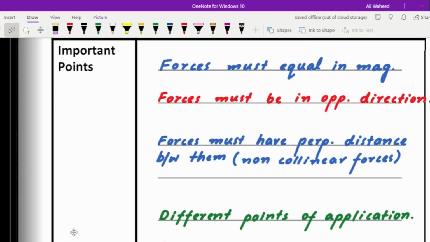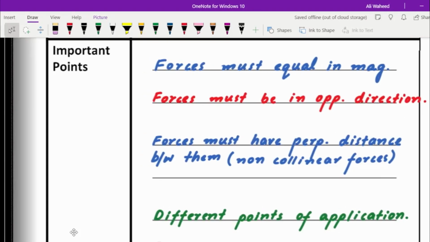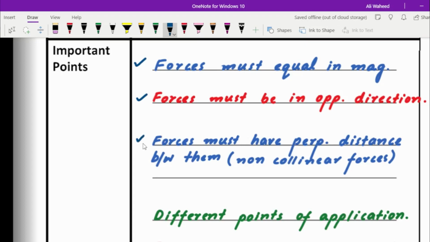So these are some of the important points for a couple of forces to be formed. First one, like I said in the very definition itself, the forces must be equal in magnitude. The second one, the forces must be in opposite direction, exactly in the opposite direction. The forces must have perpendicular distance between them. If there's no perpendicular distance between them, the value of D would be 0, and hence the couple would be 0.